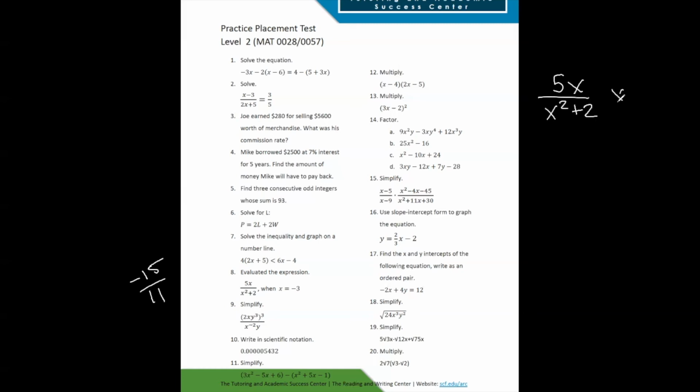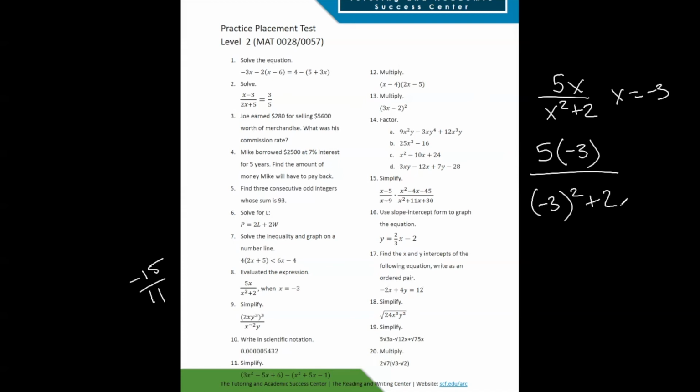I'm going to take out my variable and I'm going to replace it with -3. So my new numerator will be 5 times -3. And I put it in parentheses, not only to separate it from the number 5, so it's not 5 minus 3, but I also want to show multiplication. So this would say 5 times -3. On the bottom, I'm going to do -3 squared plus 2.